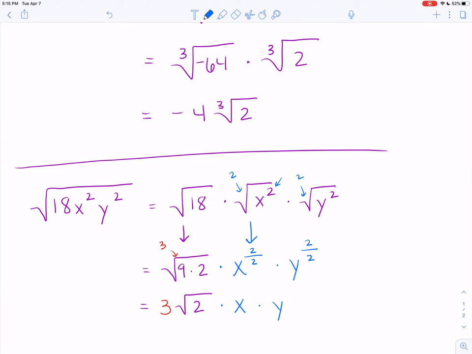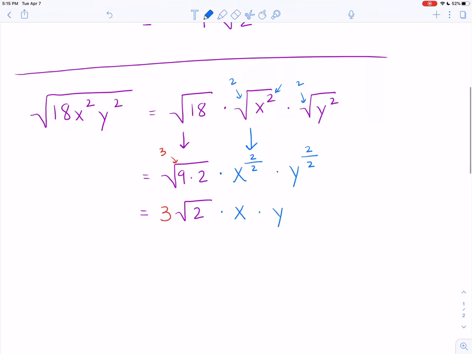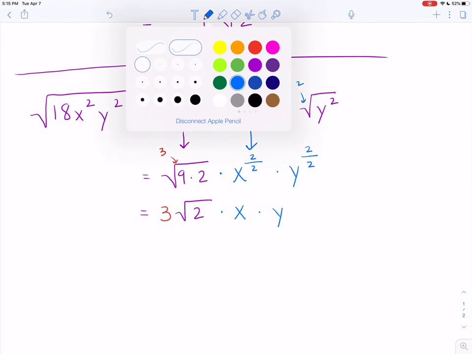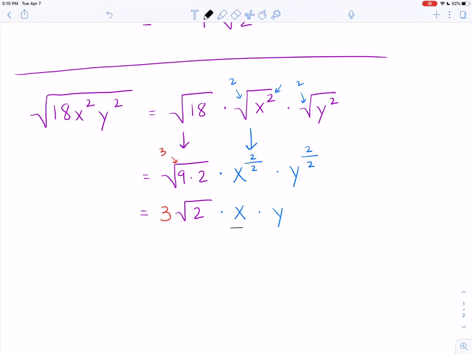Now, you can enter it just like this in Hawks, and it will be perfectly fine, but you've got to make sure that you don't mistakenly put these things underneath the square root. So what I like to do when I finish is pull anything that no longer is underneath the radical, anything that I was able to take the square root of, out in front, so there's no chance that it accidentally gets stuck up underneath that radical.